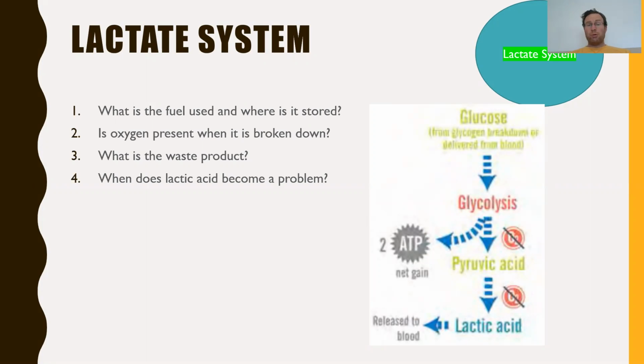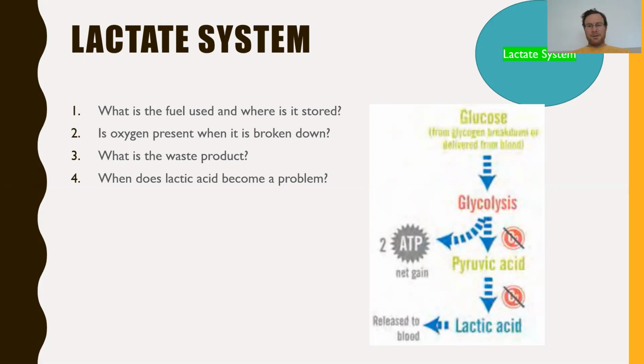Is oxygen present when it's broken down? Tell me what the waste product is. And also tell me when lactic acid, that might be a hint for the previous question, becomes a problem. So I'm going to get you to read your manual and answer those four questions before we go any further. It's really important that you do take time to get in there. So I'm going to count you in and pause the presentation. So 3, 2, 1, pause.